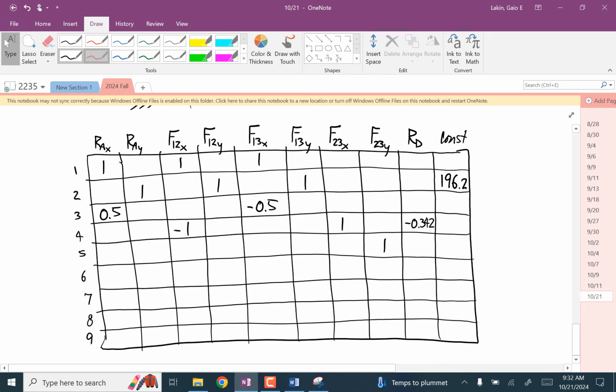F12y, we have negative 1. And the constant is 696.2. And RD, we have positive 0.94. And then for equation 6, F12y, we have 0.5. And the constant is negative 598.1.